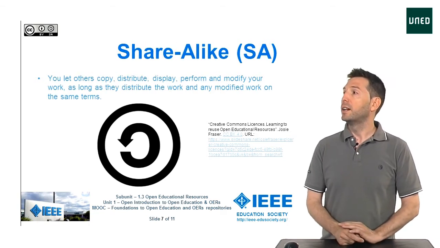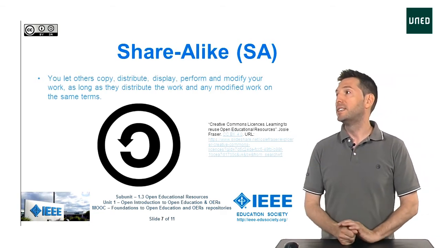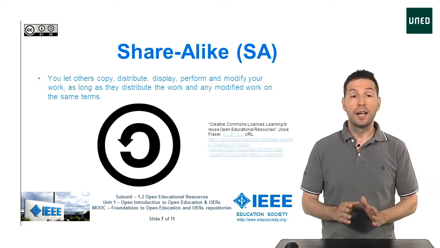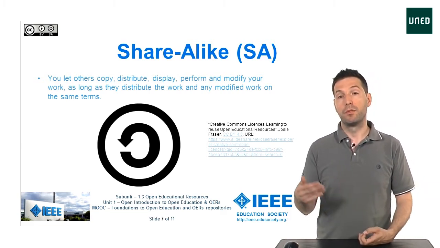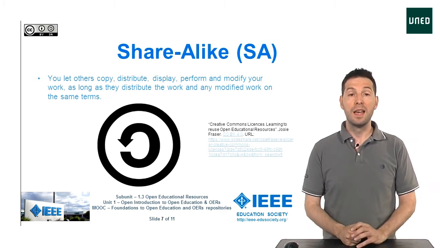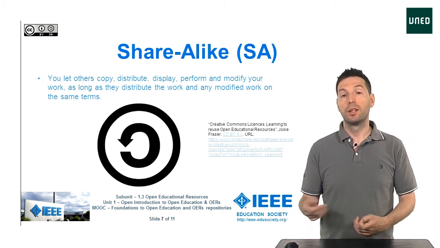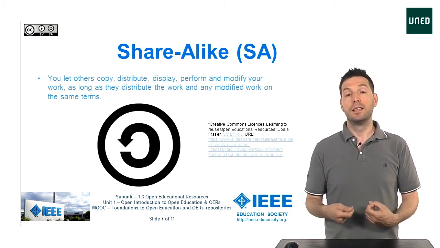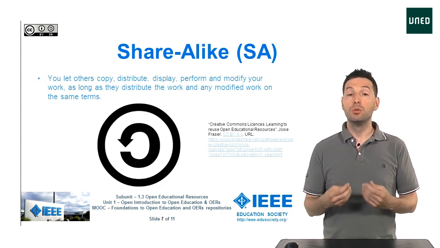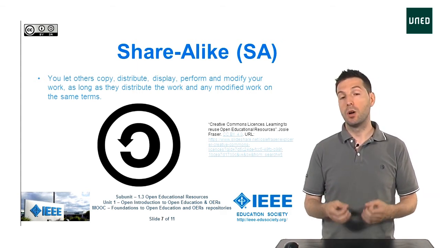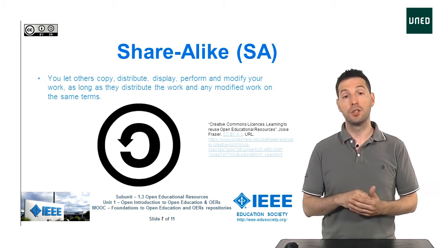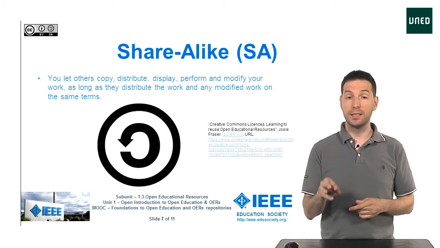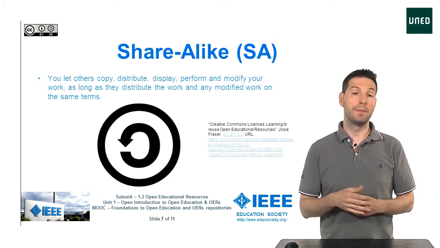And another characteristic is ShareAlike. The author can decide to let others copy, distribute, display, perform, or modify the work, as long as they distribute the work in the same way. It means that if I used some work with Creative Commons for creating this presentation, I have to provide this presentation with the same license.